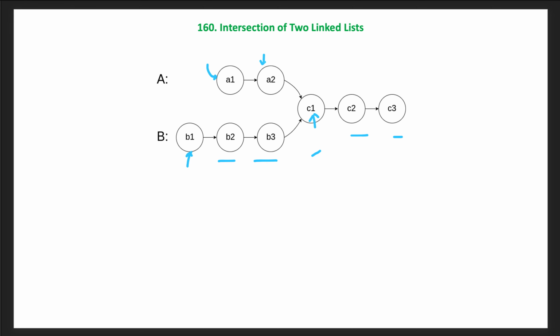Then select the second node and compare, starting again from the head of the B list. Once you reach here while processing list A at the C1 node, we start again from here. In the third round, we will find that C1 and this C1, which we started from in A, are the same. So we will return this node as soon as we find it. So this is one approach.